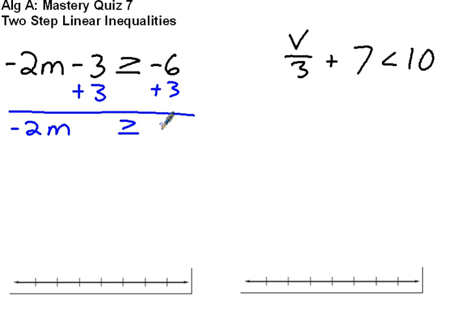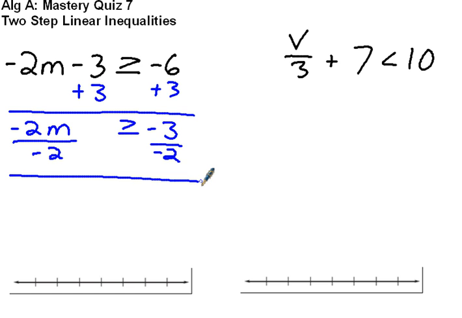And minus 6 plus 3 becomes negative 3. Now, here's where alarm bells should go off in this next step, because we have to get rid of a multiply by negative 2, so we divide by negative 2. And as I said at the beginning of this video, if you ever multiply or divide by a negative, you must reverse the inequality.